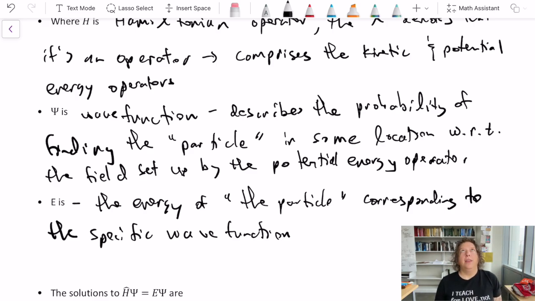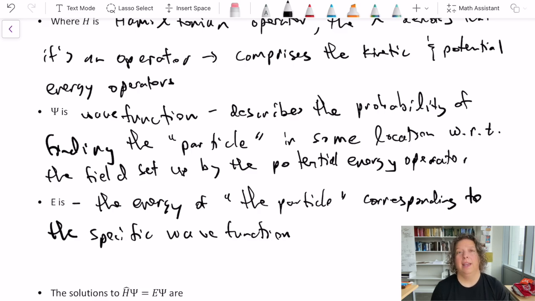I say the particle because the Schrödinger equation can be used to describe any quantum particle. So in this lecture, for example, we're going to define the particle, maybe later in this lecture, as the electron within a hydrogen atom. So that electron is the particle. Later, though, in one of the next lectures, we're going to use the Schrödinger equation to describe a sample of helium atoms.